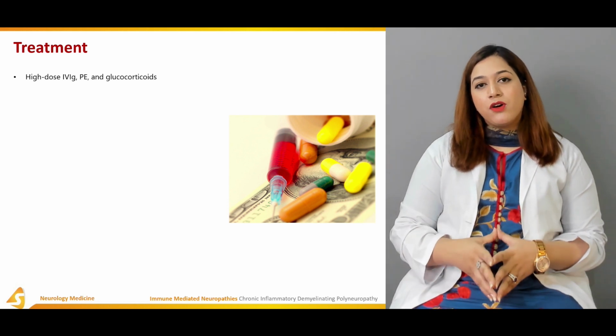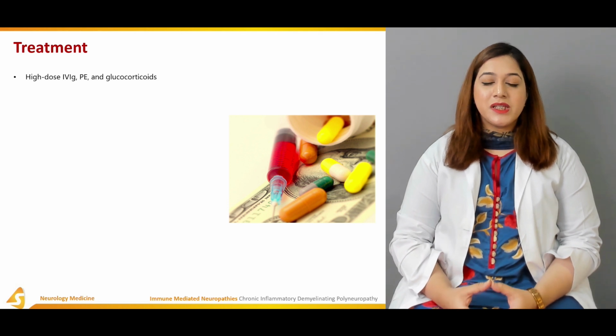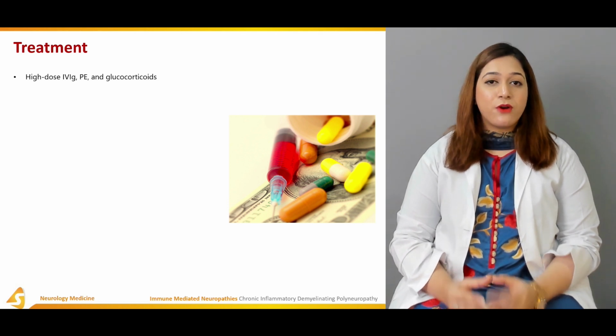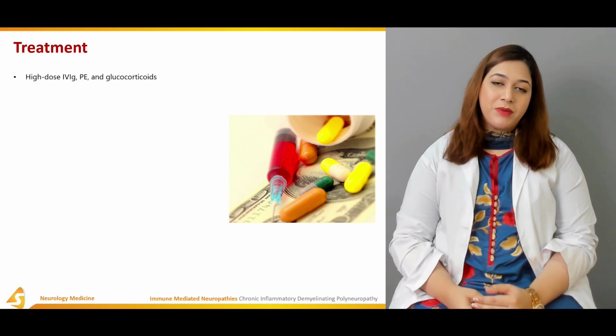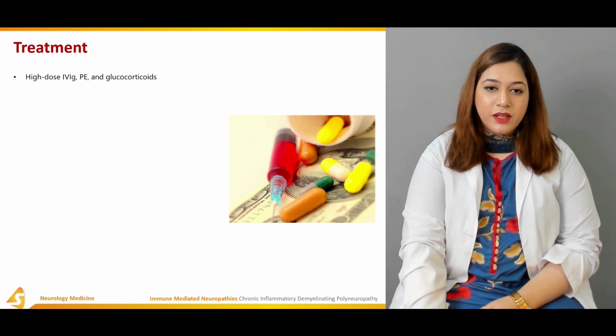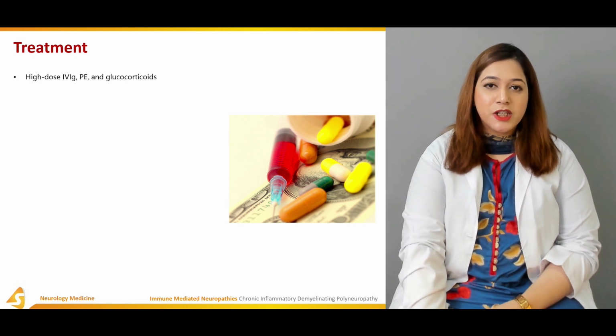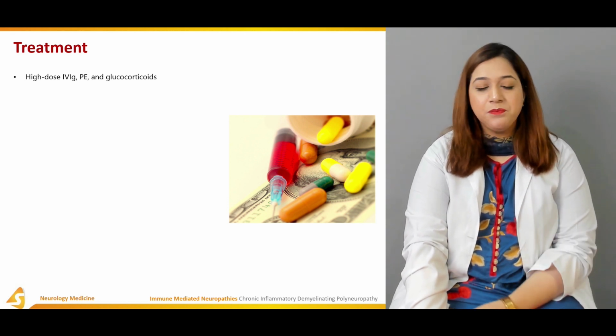Now, moving on to the treatment of CIDP. Treatment is initiated when the progression is rapid or the walking is compromised in a patient. If the disease is mild, an expectant approach should be taken, awaiting spontaneous remission.